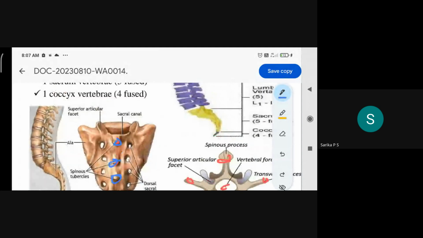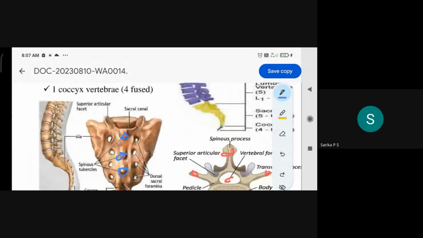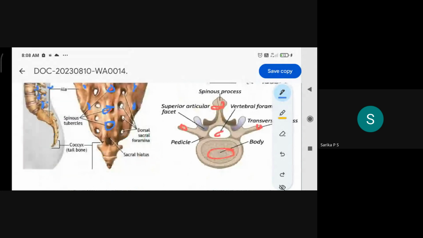And in this picture, you can see this one, this one, this one. These are the spinous processes. And these are the transverse processes, which are found on the sides. Here you can see this is the transverse process fused here. Okay, is it clear? Transverse and spinous process.